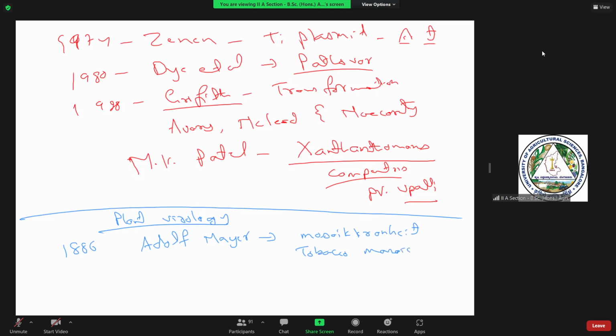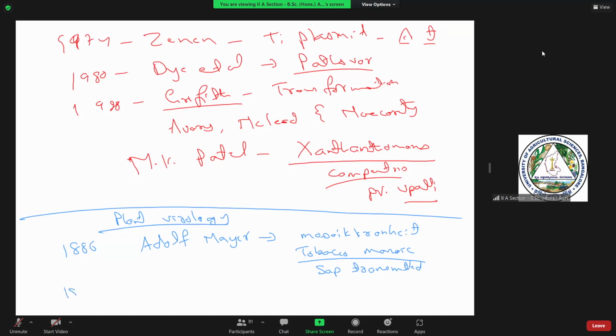He also demonstrated that this disease is sap transmitted.